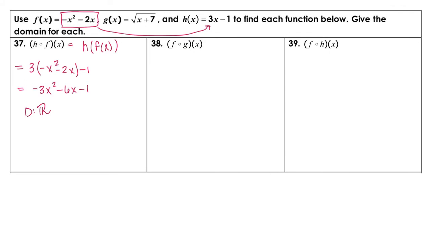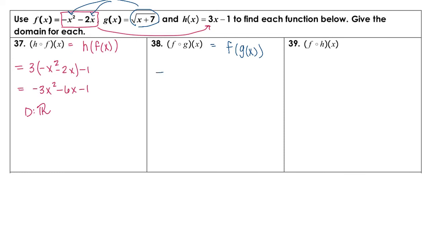All right, so for our next one, the notation here again, f of g of x. So here that's implying that we substitute in. So we're going to take our function g at x, and I need to sub that in over here everywhere I see an x for f at x.